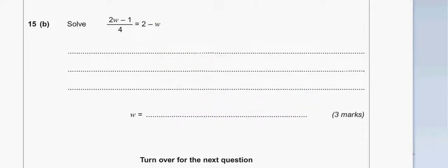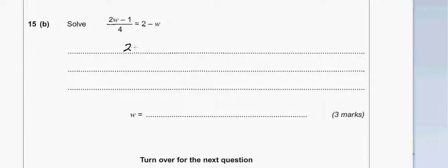Okay, so 15b, another nice little question. So we have this fraction equals 2 minus w. Now, 2 things we don't like particularly in algebra are brackets, we like to get rid of them if we can, and fractions. And this 4 here is dividing this 2w minus 1. So if I bring it over here, it's going to multiply.